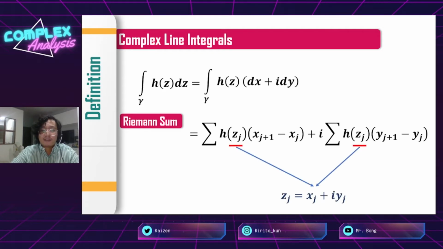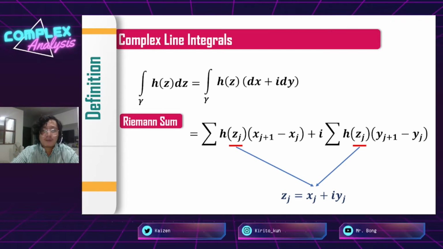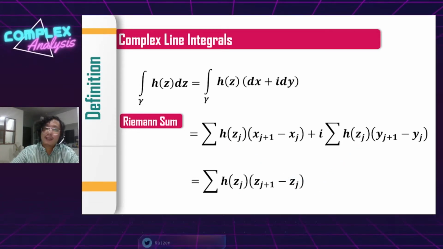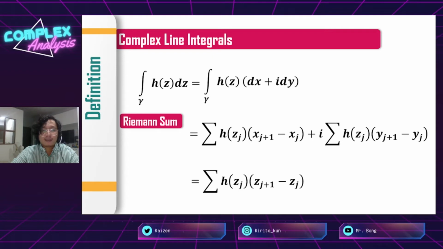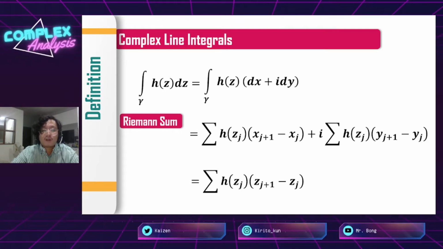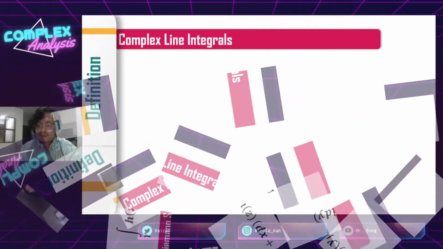And if z_j is equal to x_j plus i times y_j, then we can conclude that the integral of h of z dz under the curve gamma is equal to the summation of h of z_j times z_{j+1} minus z_j.